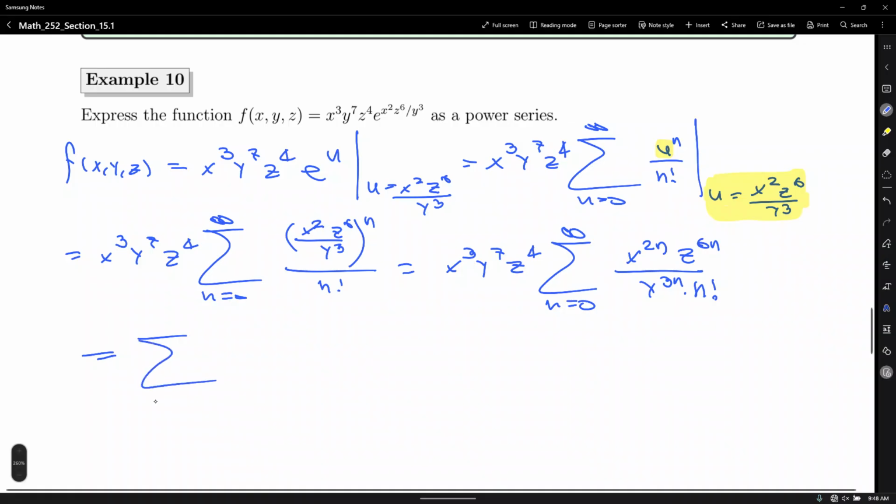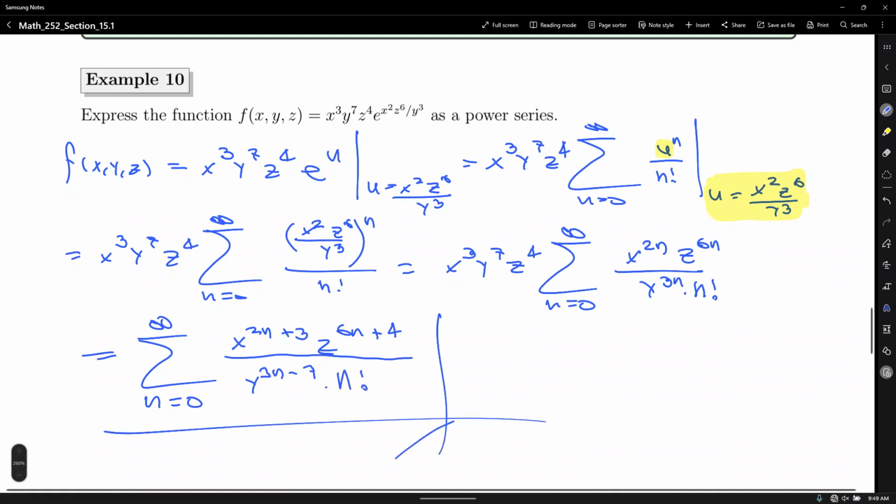So sigma n equals 0 to infinity of x to the 2n plus 3, z to the 6n plus 4, everything divided by y to the 3n minus 7 times n factorial. And that's our power series for a function of 3 variables.